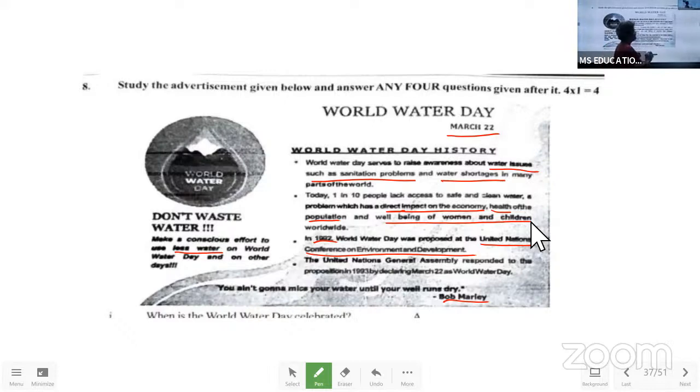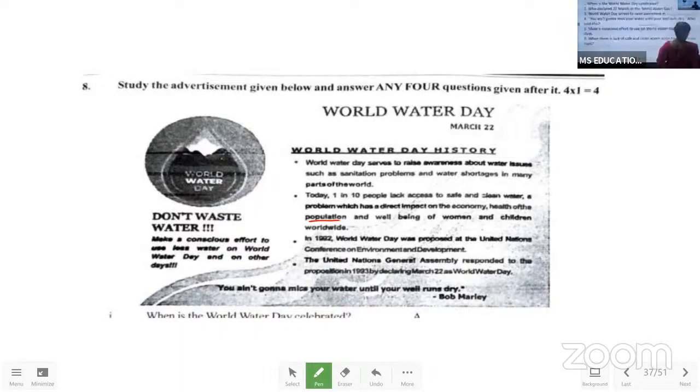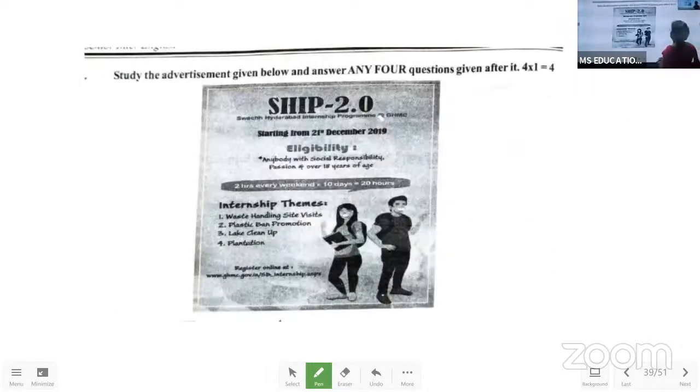So it is very important for us to conserve water, and spend as little water as we can. All are direct answers, children. Very easy for you to answer.